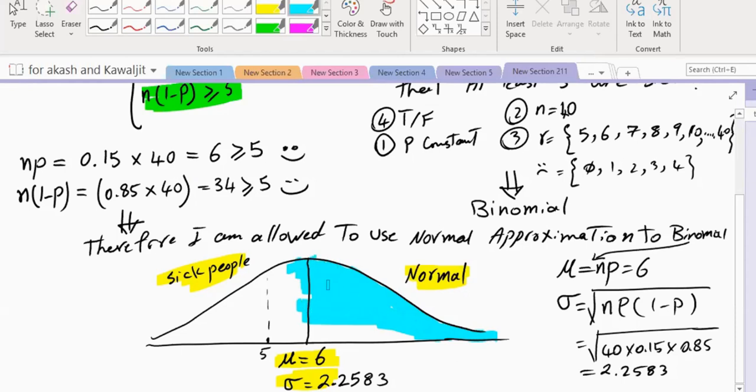And then when I'm getting close to that 5, I think to myself, okay, is this really a normal distribution we are dealing with? No, it's not really a normal distribution. It's in fact a binomial distribution. So in binomial, it's a discrete probability distribution.